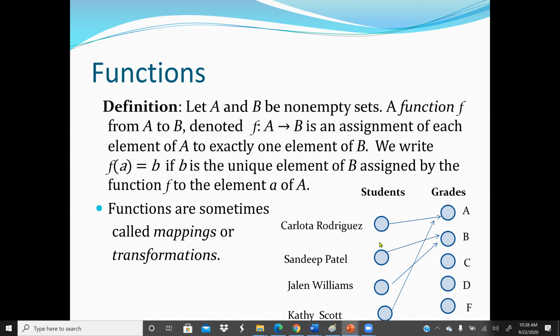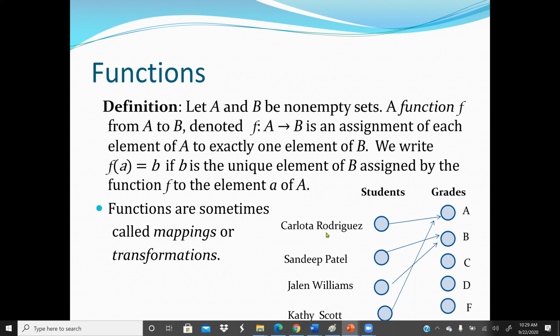So an example here is if I have a student, let's say a student named Rodriguez. So here we have a function, student equals grades. So the student will determine his grade based on how he prepared for the exams and how he took the exams.